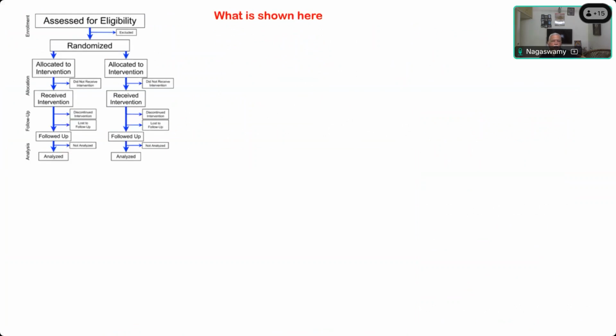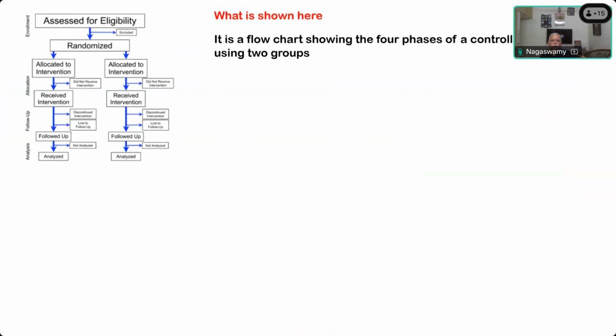What is shown here is a flow chart showing the 4 phases of a controlled trial using 2 groups. So first assess the eligibility, then randomize, allocation to intervention, receive intervention, then these are the 4 steps: enrollment, allocation, follow-up and analysis.